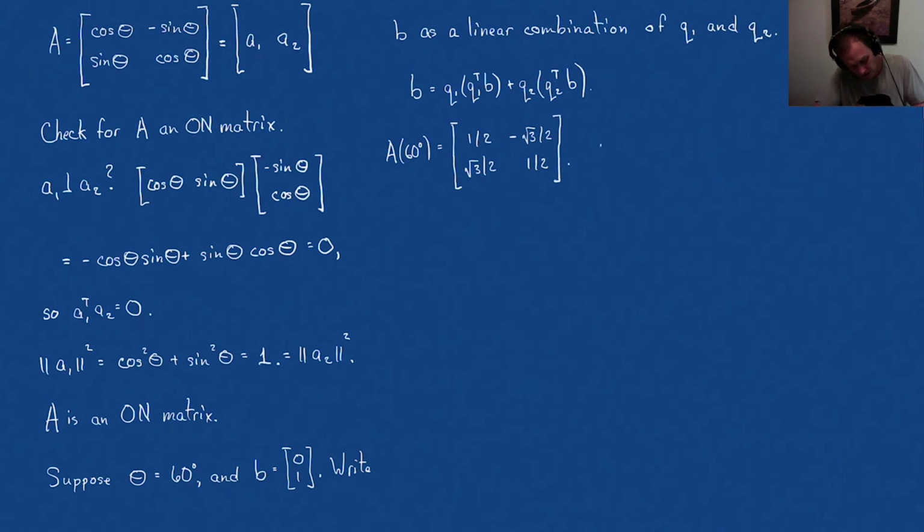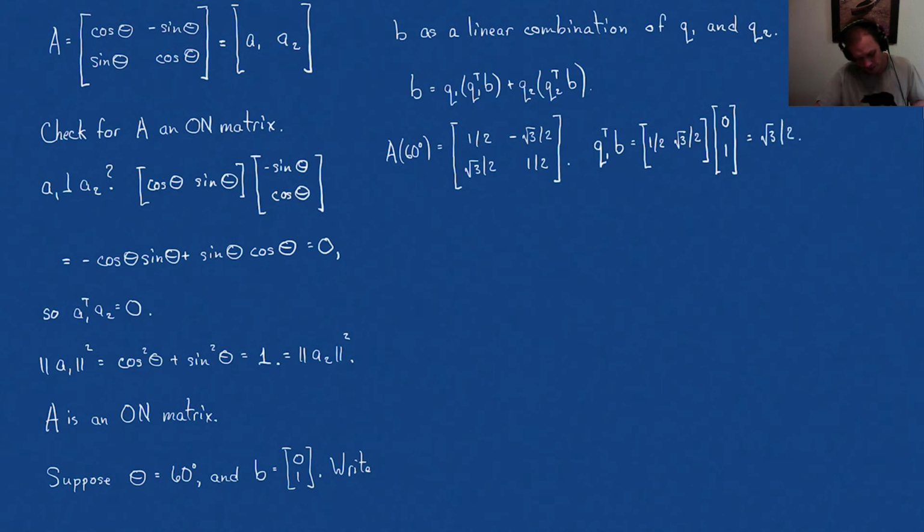So first off, we need Q1 transposed B. Well, Q1 transpose is 1/2 and root 3 over 2, times B, which we said is 0, 1. So this is going to give me the scalar of root 3 over 2. Okay, and let's continue this.